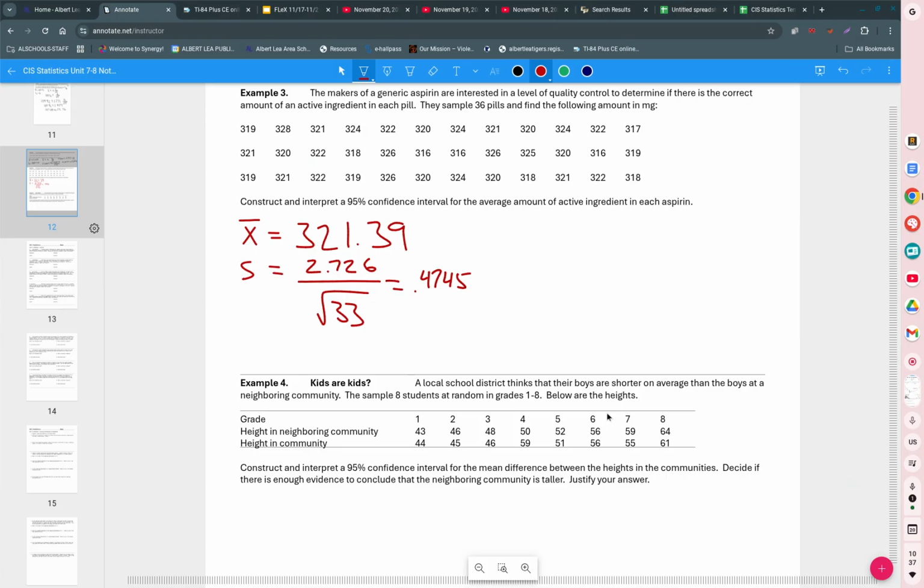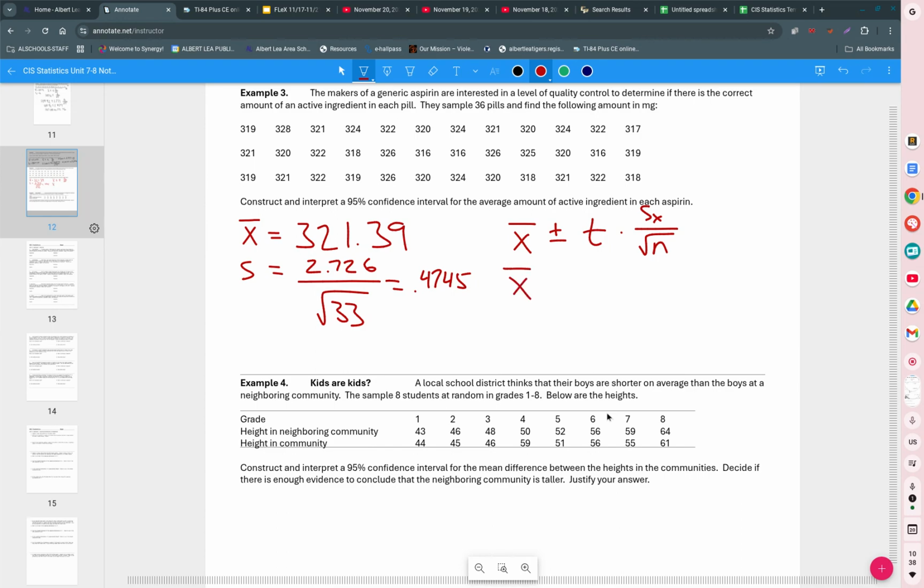And so what we're going to do now is we are going to build a confidence interval. And the confidence interval is x bar plus or minus our t-score times the standard deviation of our sample divided by the square root of our sample size.